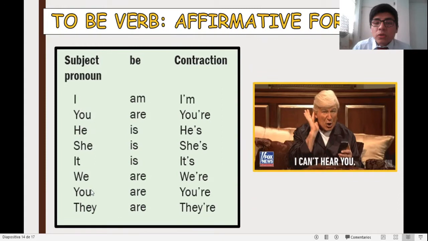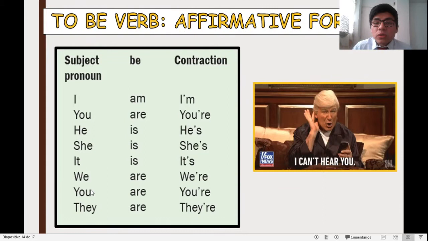But now let's see about the contractions. You need to know this because native speakers use a lot of contractions. You need to use them and you need to know, of course, the correct pronunciation of the contractions. So listen to me first and then you're going to repeat after me.